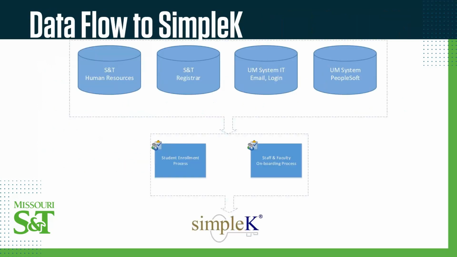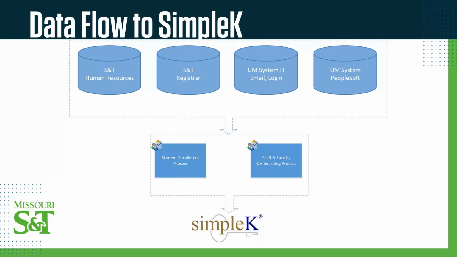And just to give you an idea, the data flow to SimpleK. SimpleK is at the very bottom here, but at the top we have human resources, we have the registrar, we have IT, we have the UM system PeopleSoft, which is the accounting system. Now, all those have to have all their forms and paperwork completed before they're good to go.